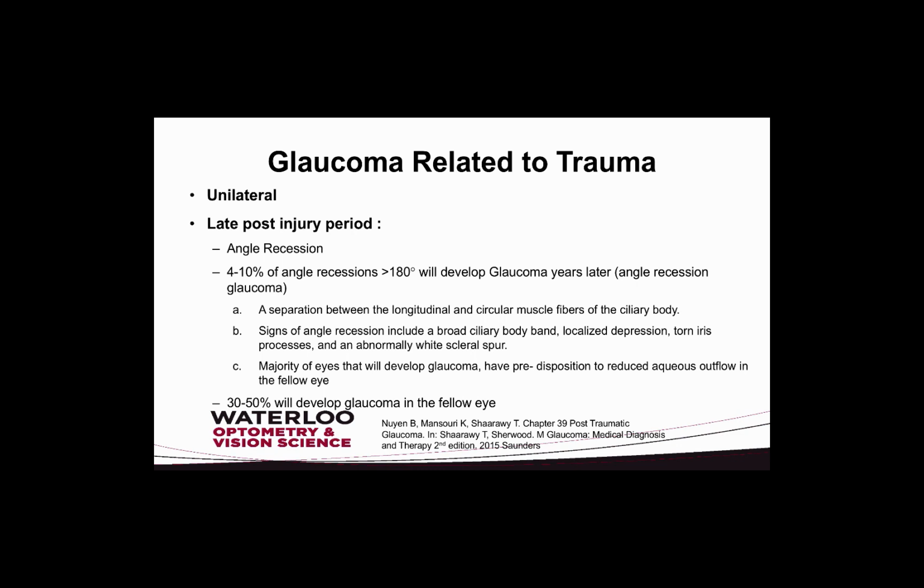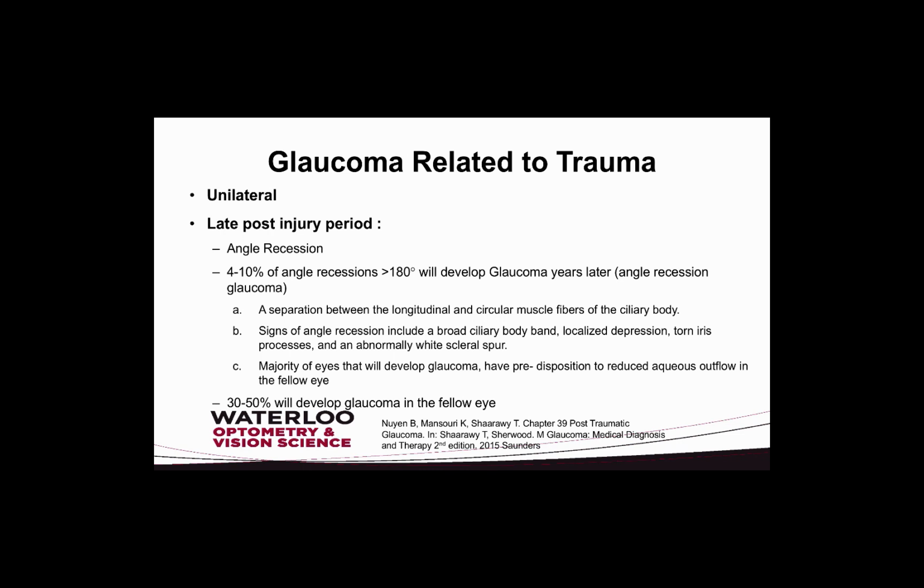The type of glaucoma that we're going to see more often in clinic is from a late injury, and these often tend to be unilateral. This is from angle recession, which is the separation between the longitudinal and circular muscle fibers of the ciliary body, so trauma that causes this separation.